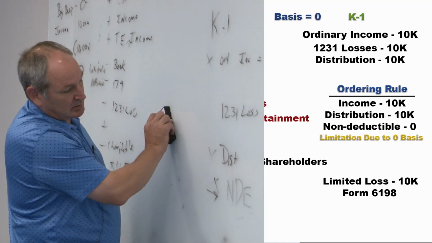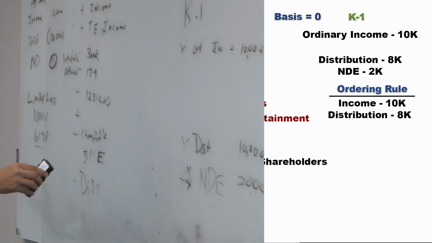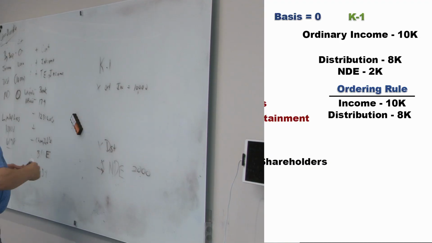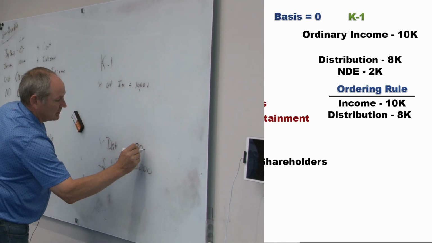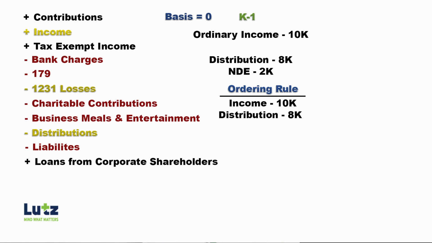Okay, so this is year 2. K1. And my ending basis was what? It's 0.